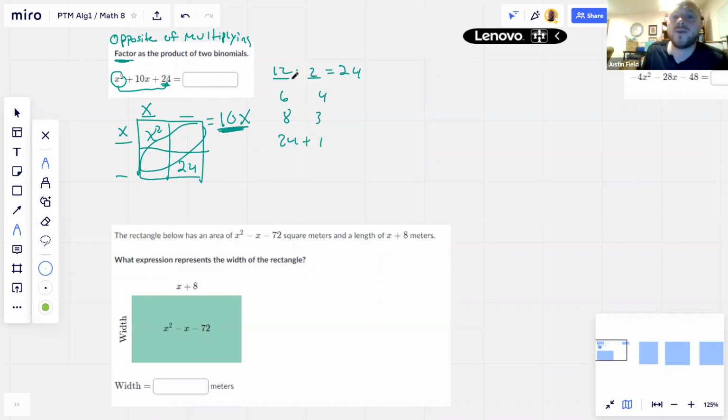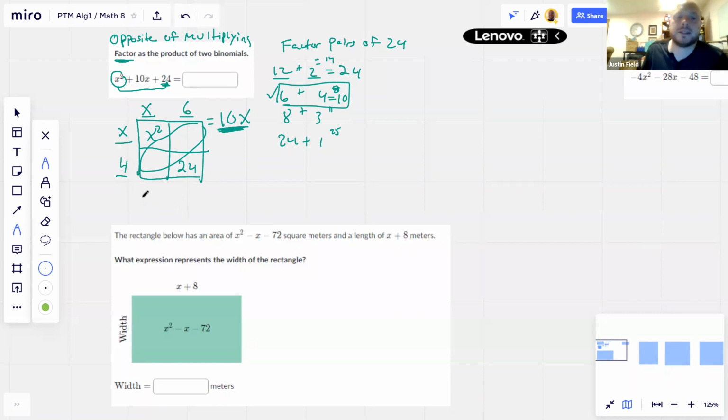So after you figure out the factor pairs of 24, you add them together. 6 plus 4 is 10. It's that one. 8 plus 3 is 11, and 24 plus 1 is 25. So you see, there's only one pair that equals 10, and so it has to be 6 and 4.